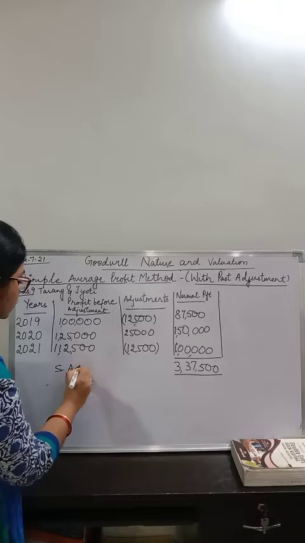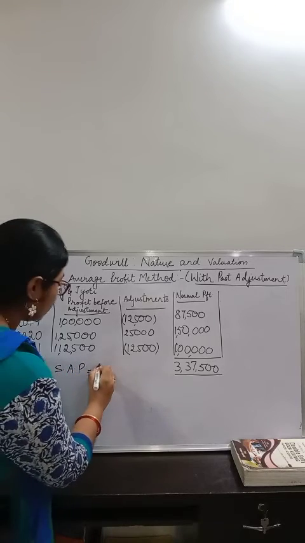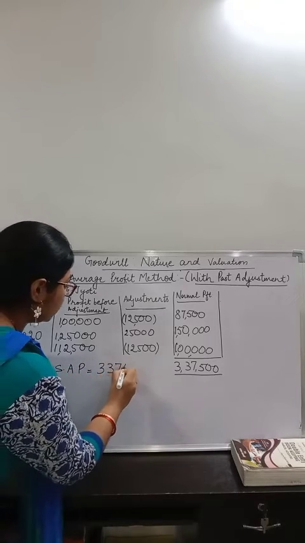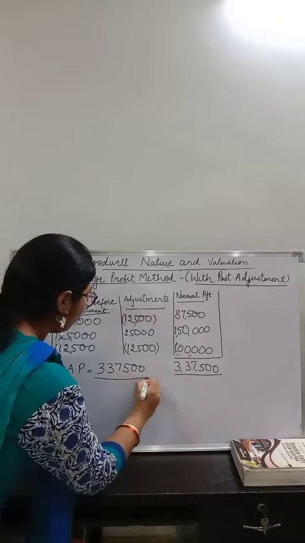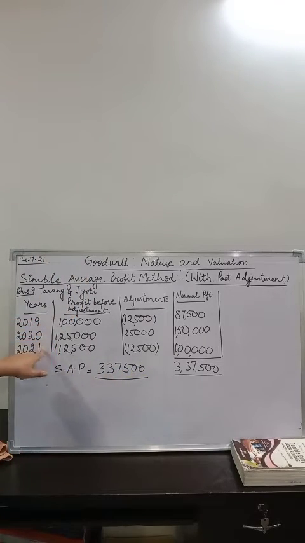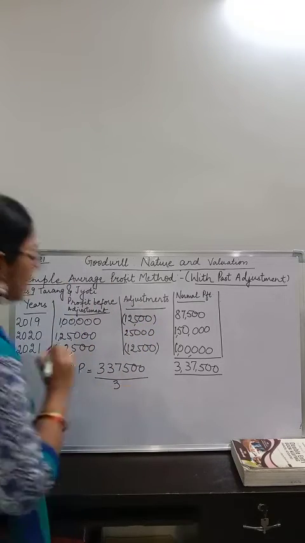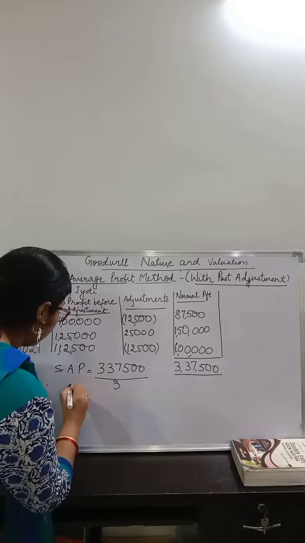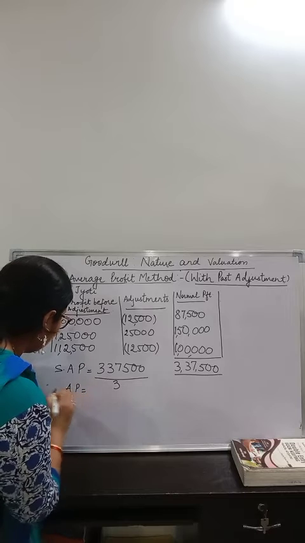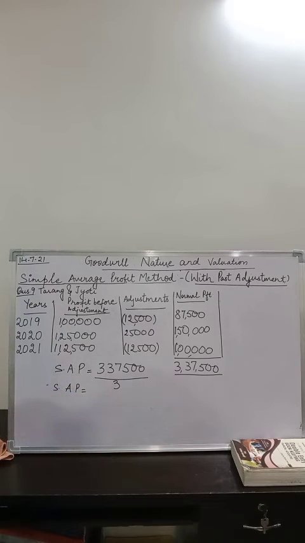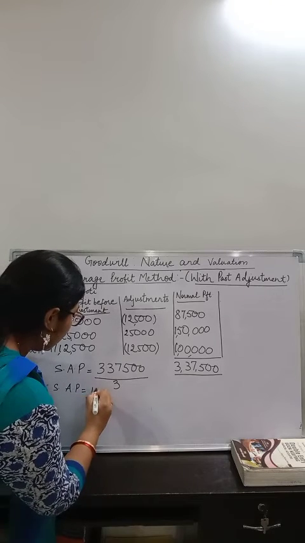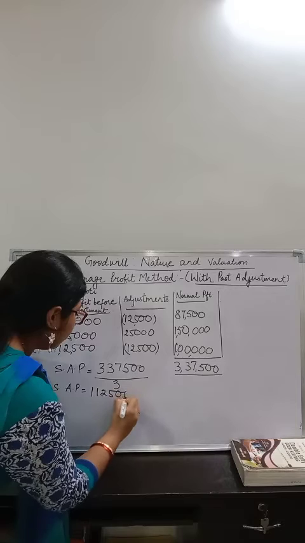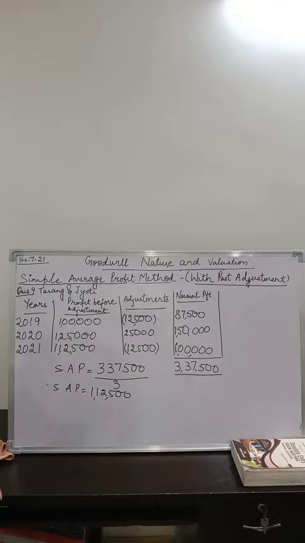So your simple average profit is the average of 3,37,500 over 3 years. So we will divide 3,37,500 by 3. This will bring you the simple average profit, which is 1,12,500. Now how to find out goodwill?